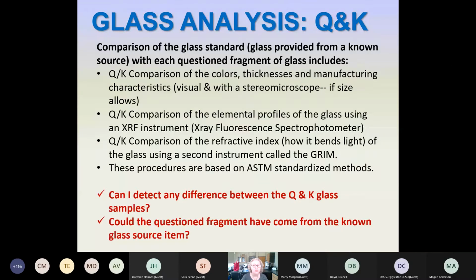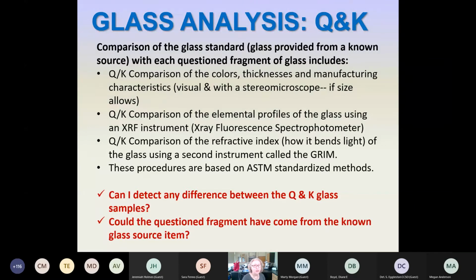We might also look for whether the glass is flat, from a flat pane, or curved, meaning it could be from a bottle or a container. And we'll look for other things, like does it have any mold marks? How was it manufactured? If it is flat glass, we'll do a certain test. So that's just where we start.